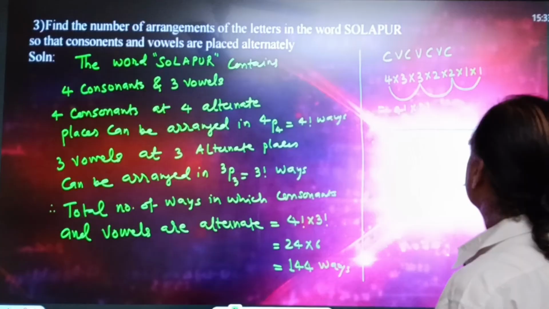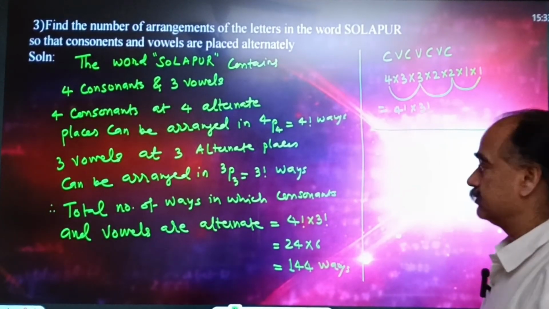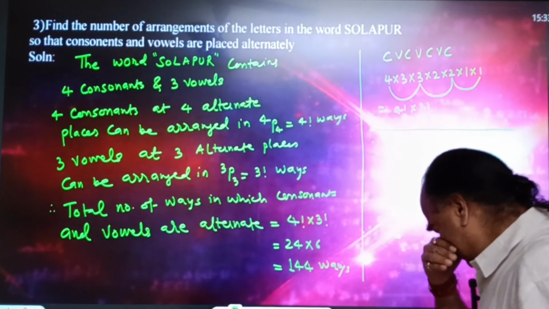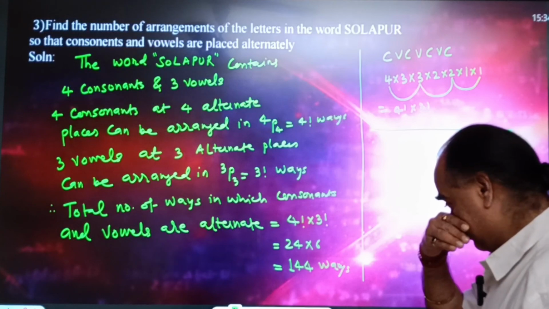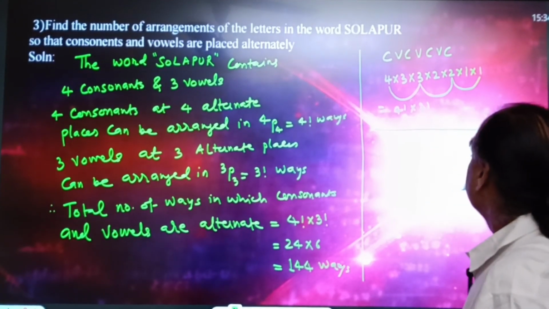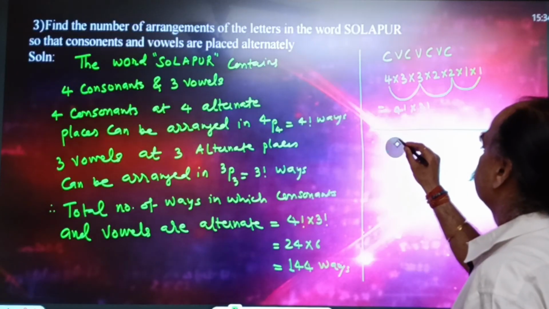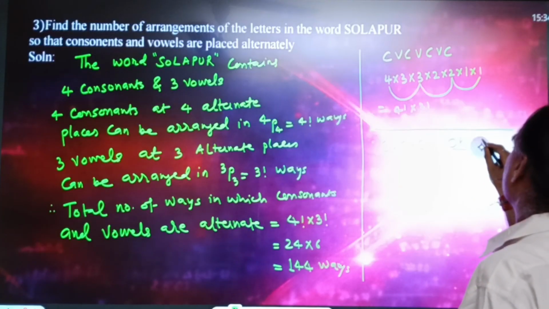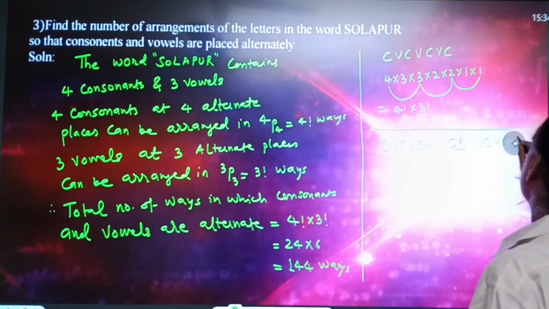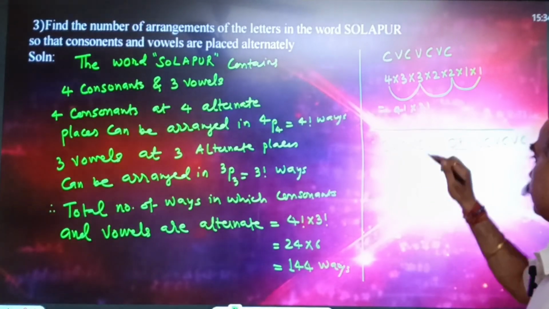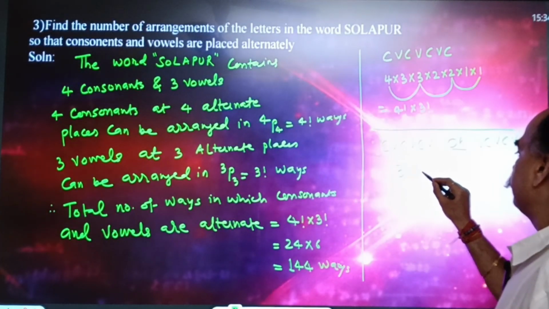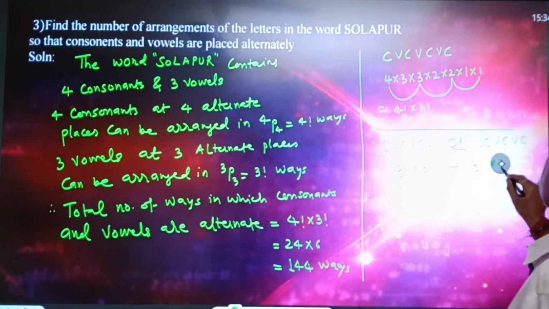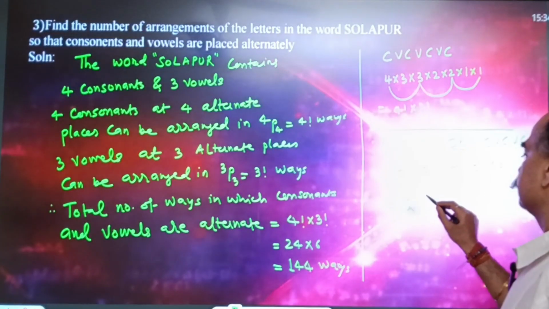For example, with 3 vowels and 3 consonants, it will be 3 factorial into 3 factorial, added again 3 factorial into 3 factorial, which gives 2 times.